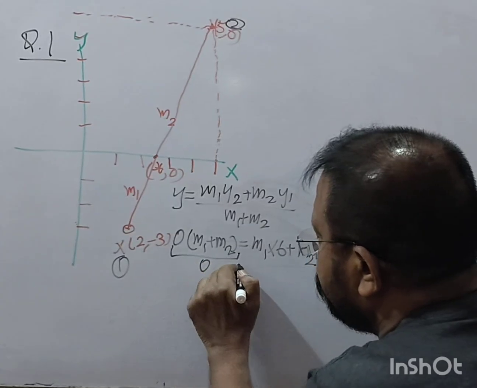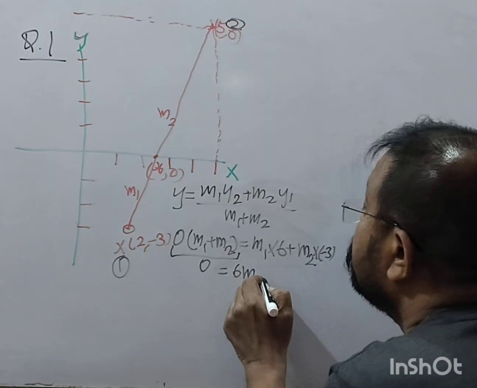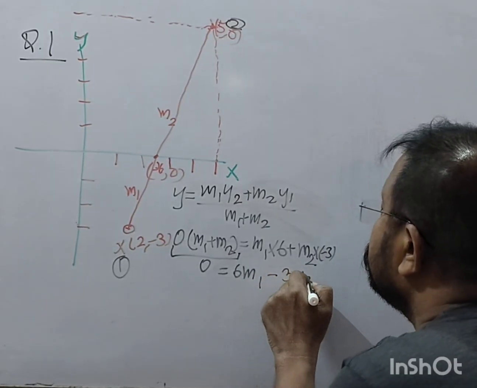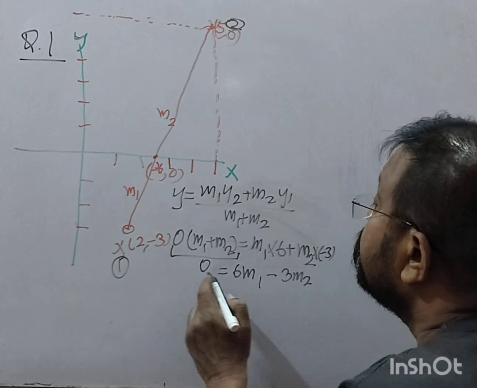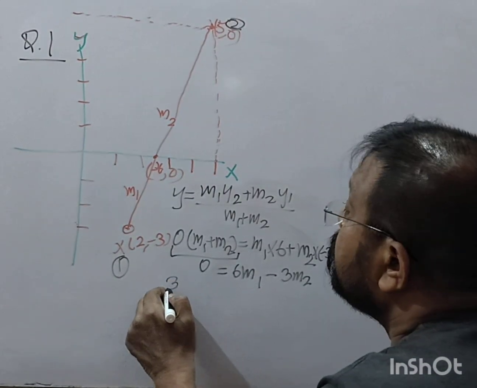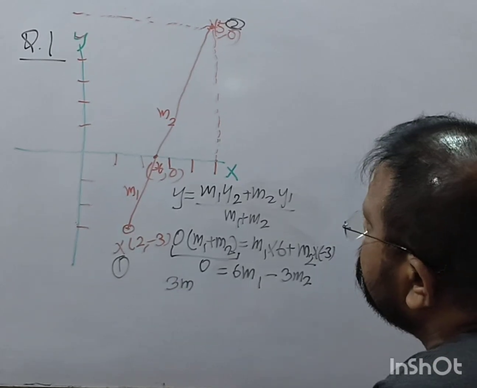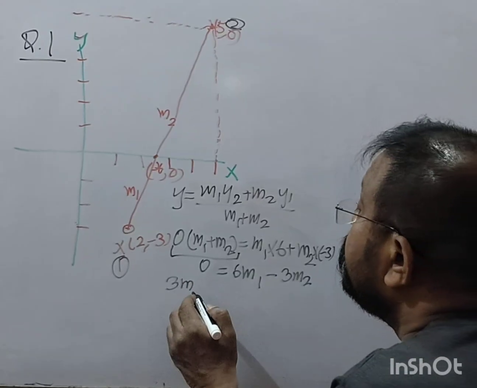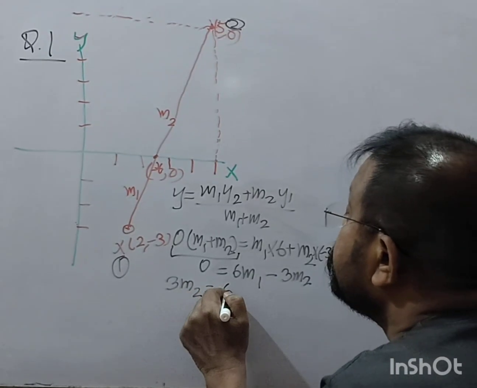So 0 is equal to 6 m1 minus 3 m2, right? So what you get? You can write 3m2. Am I correct? 3m2 is equal to 6m1.